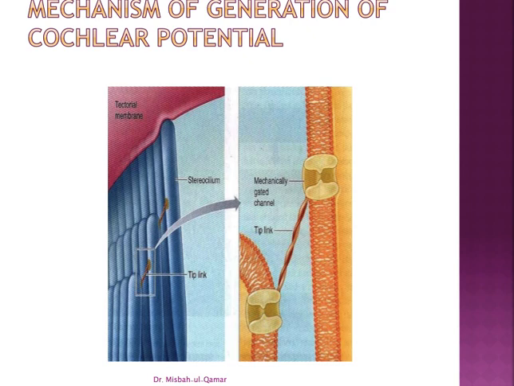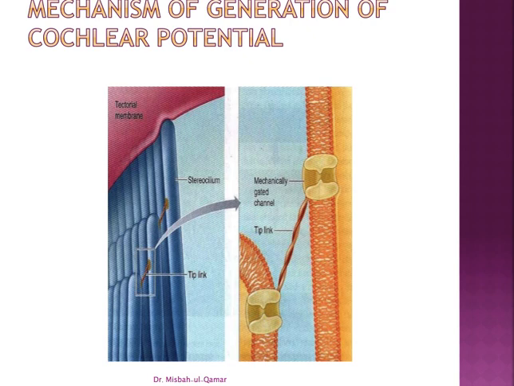These tip links are attached to mechanically gated channels, which are present on the stereocilia. And these channels open when the tip links stretch. And when do they stretch? On bending of the stereocilia towards the kinocilium, towards the tallest stereocilium.